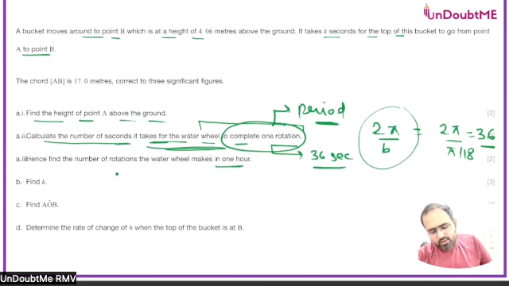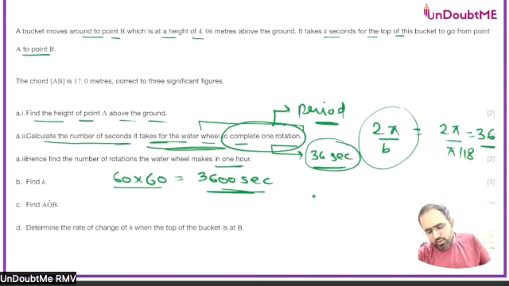In an hour, we have 60 minutes and 60 seconds, so 3600 seconds. One rotation is taking 36 seconds. So the total number of rotations will be total time divided by time taken for one rotation. It will be 100 rotations.